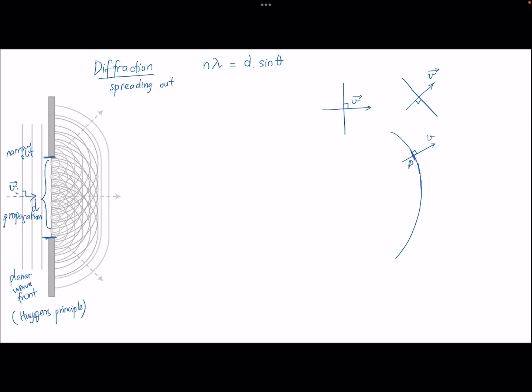So that would be the v vector, the propagation of wave, okay? So again, always remember, if you got the wavefront change, then you can see that the wave will always travel perpendicular to that wavefront.